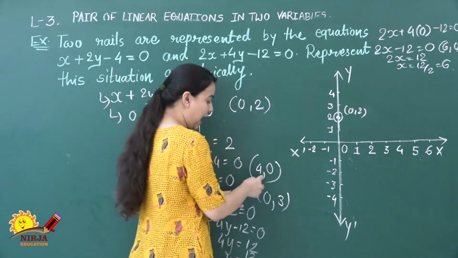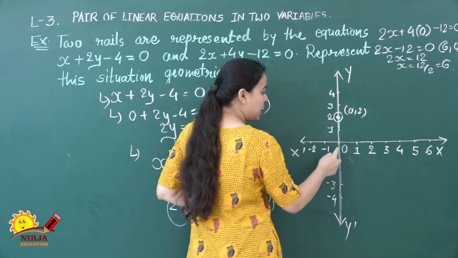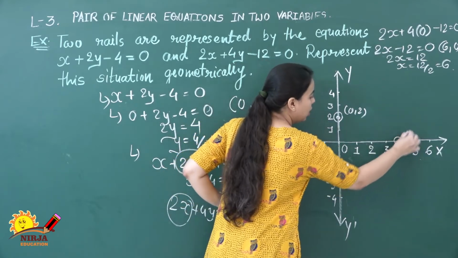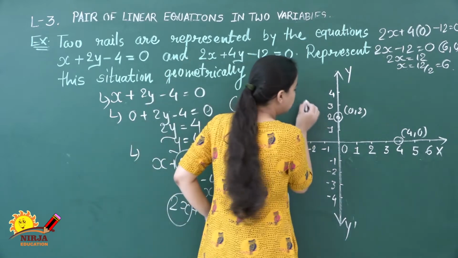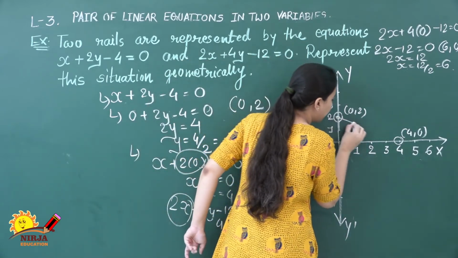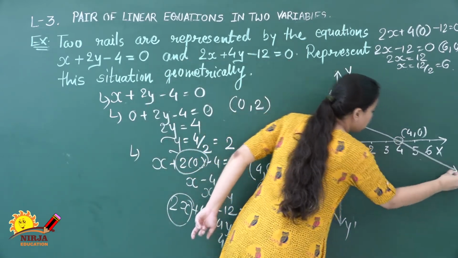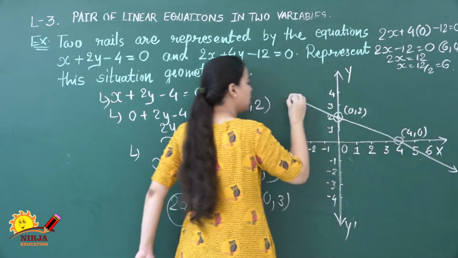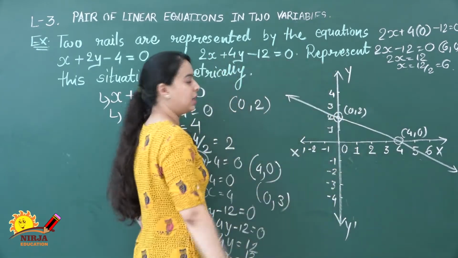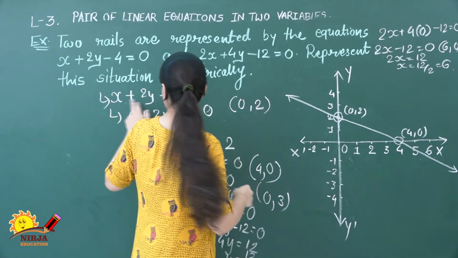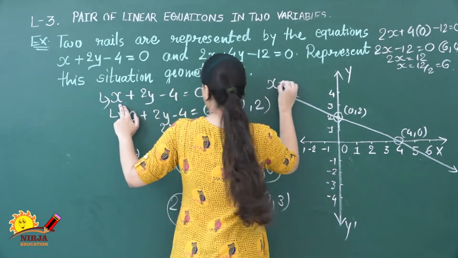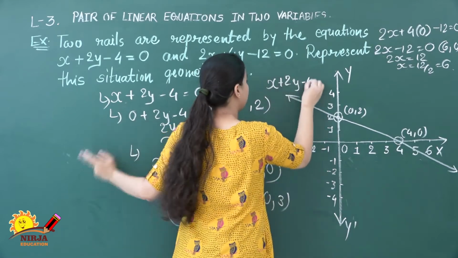That means x is equal to 4 and y is equal to 0. So here 4, 0. Let's join both the points. As you can see, it is a straight line, and this line is the graph of x plus 2y minus 4 is equal to 0.